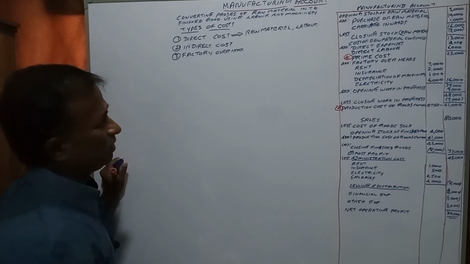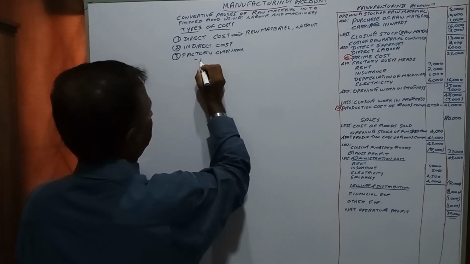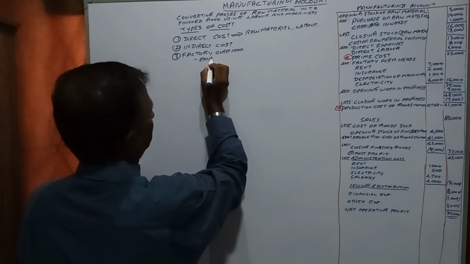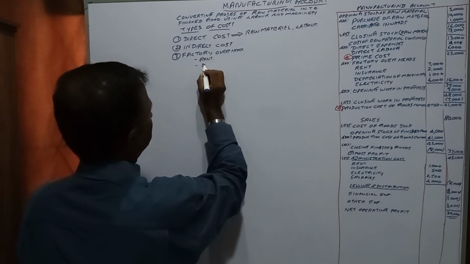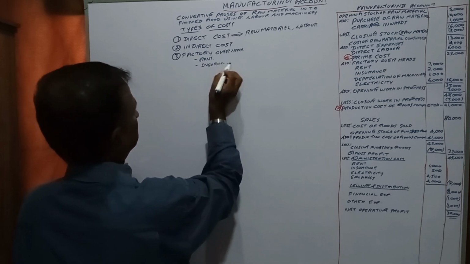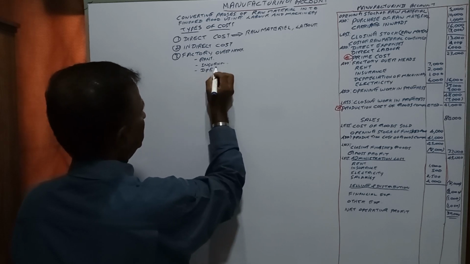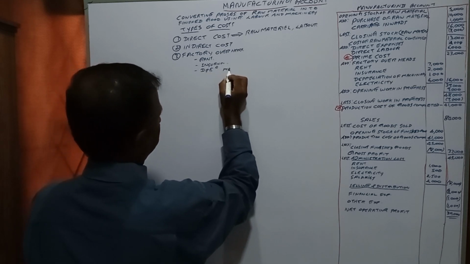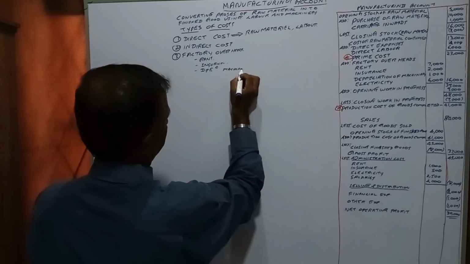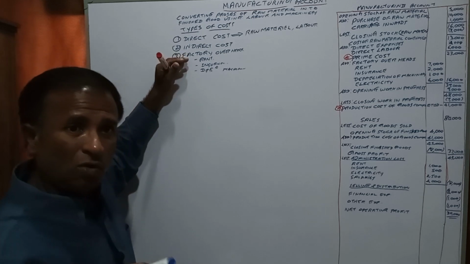What are the factory overheads? That is rent, insurance, and depreciation on machinery, etc. Those are factory overheads.